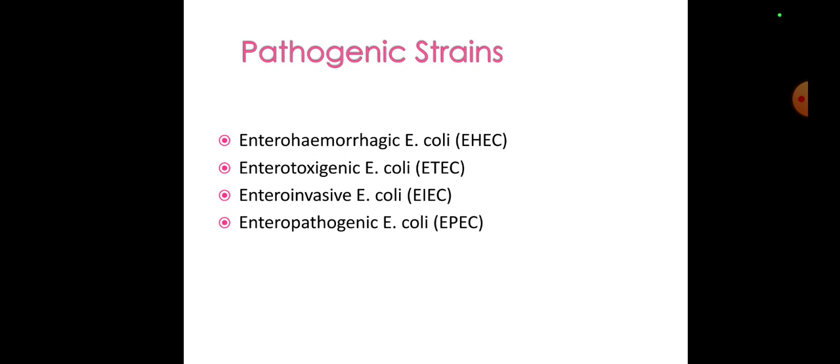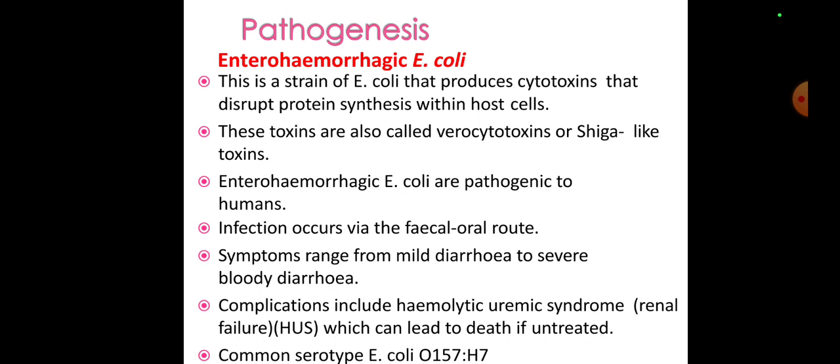This enterohemorrhagic E. coli produces cytotoxins which disturb the protein synthesis within the host cells. These toxins are otherwise called verocytotoxins or Shiga-like toxins, and they are pathogenic to humans. And mostly this infection, that is enterohemorrhagic E. coli infection, occurs via the fecal or oral route.